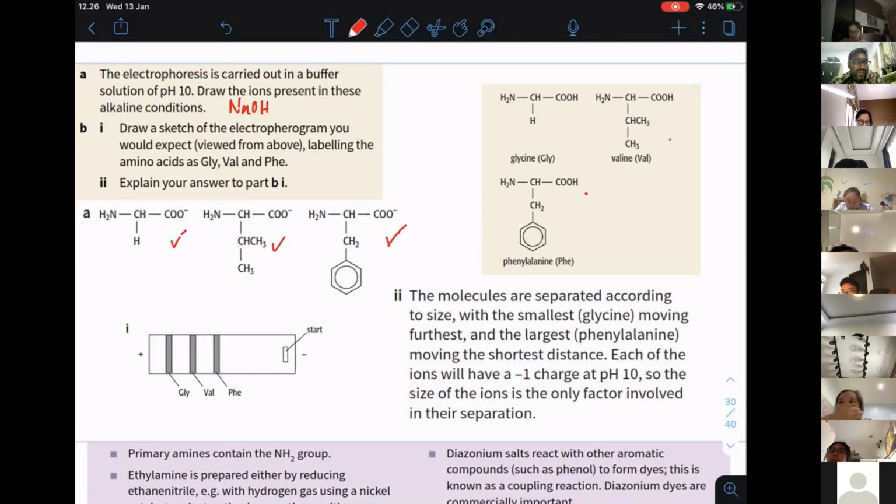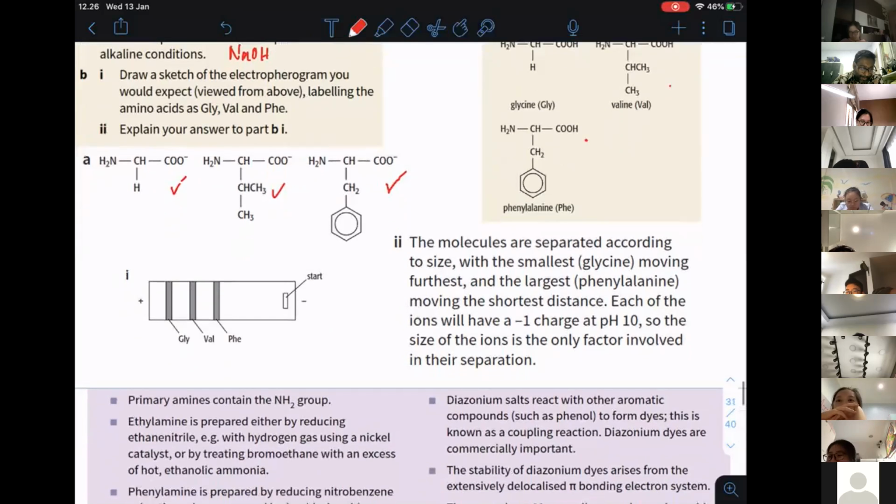And then draw a sketch of the electropherogram that you will expect, labeling the glycine, valine, and phenylalanine. Explain. So important is, if let's say you start over here, if this is negative, this is positive. We know that all of them are negatively charged, so they are going to be attracted towards the positive, so they will move over here.